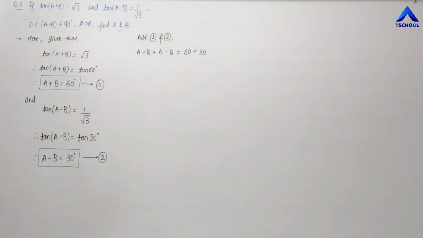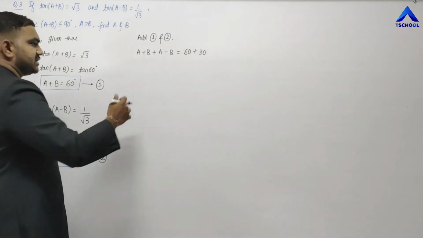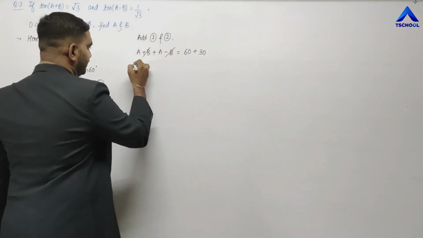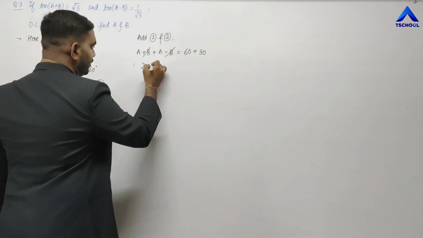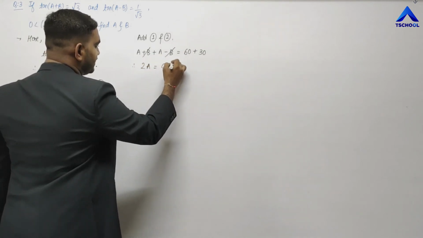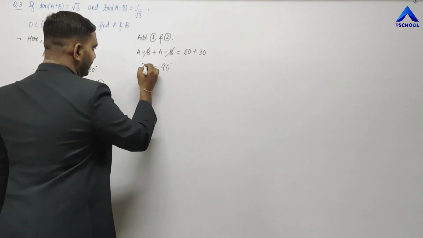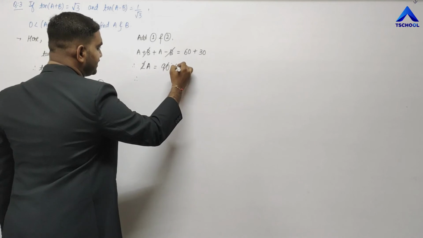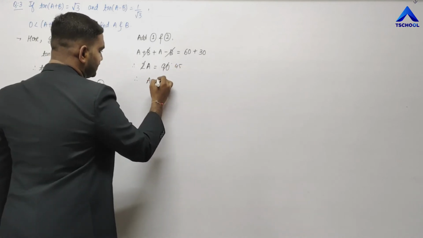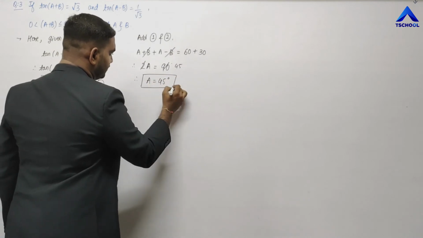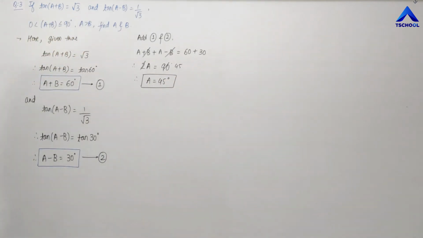B minus B cancels. Therefore, A plus A, 2A, is equal to 60 plus 30, which is equal to 90. Therefore, 2 and 90 cancel by 45, and hence A is equal to 45 degrees. Okay, so we got our first value, A is equal to 45 degrees.